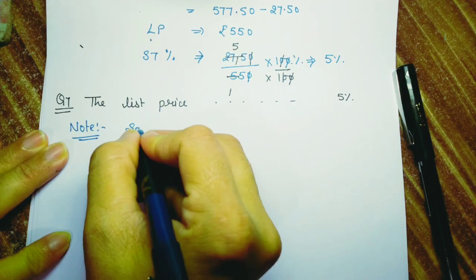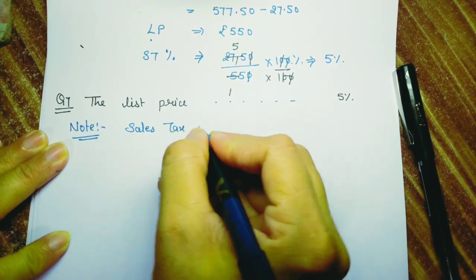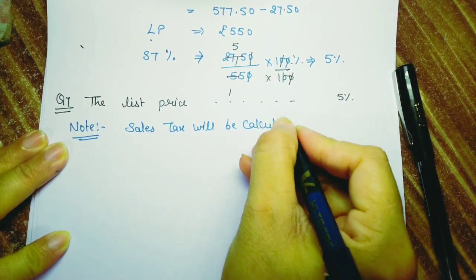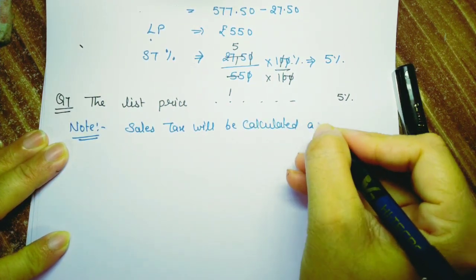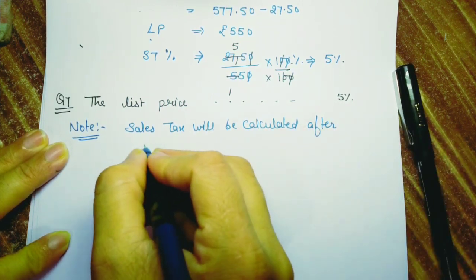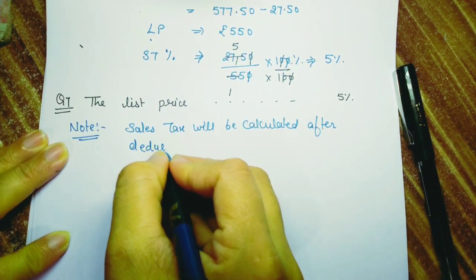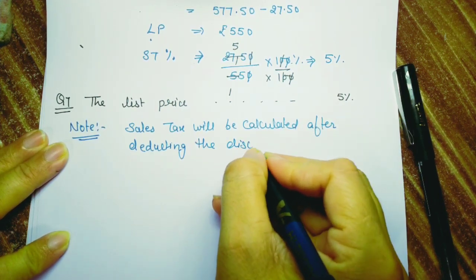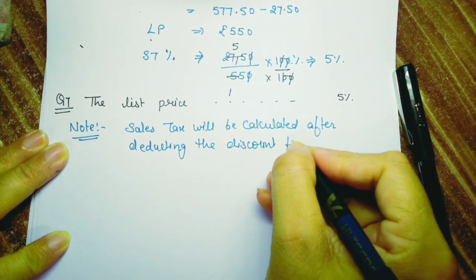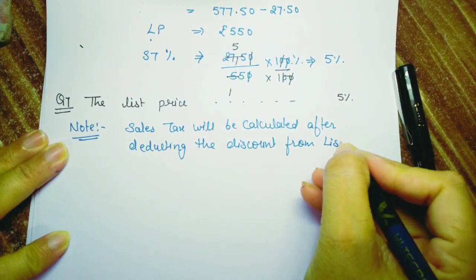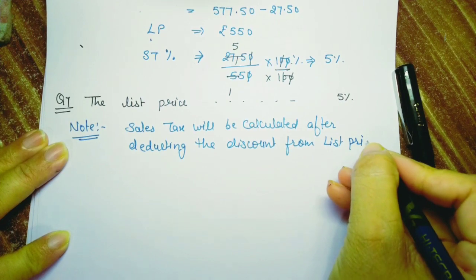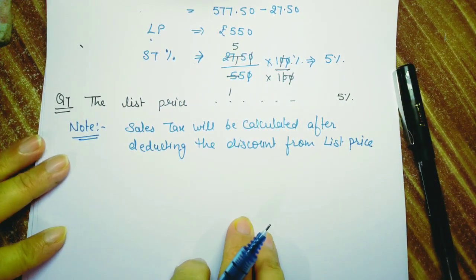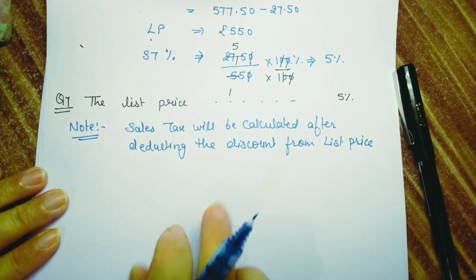So here we will write: sale tax will be calculated after deducting the discount from the list price. This point we have to remember.